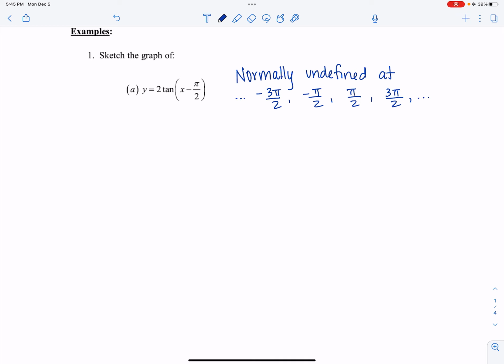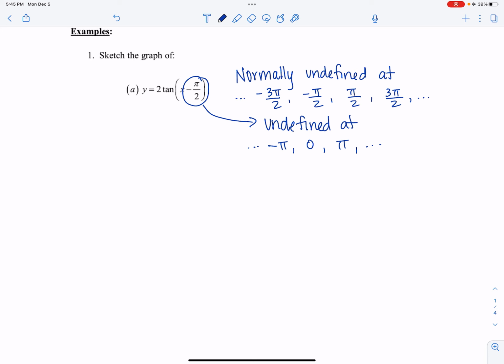It goes on forever like this. But in this particular case, we're moving it over by pi over 2. We're subtracting a pi over 2, so we're moving it over on the x-axis. So now we are undefined at a different place. So we will be undefined at negative pi, 0, positive pi, and so on. We've moved it over.